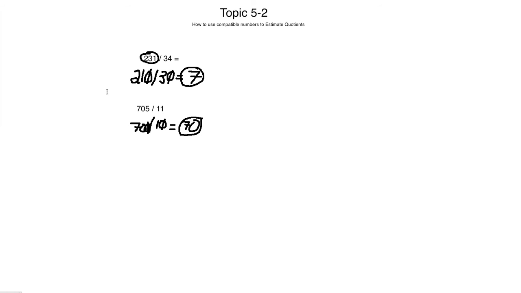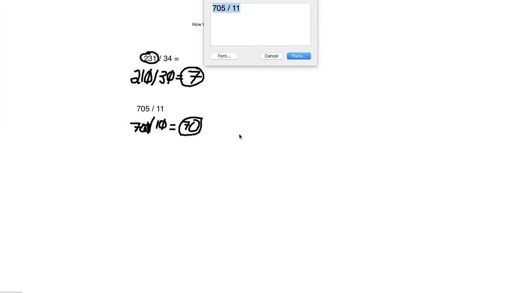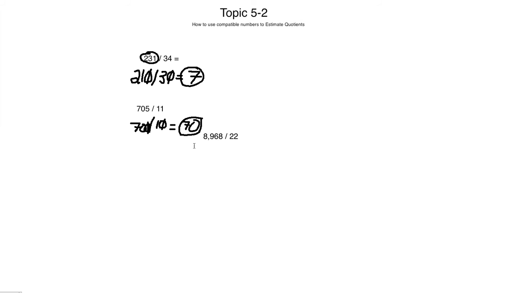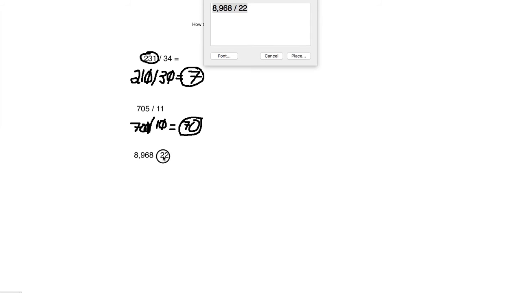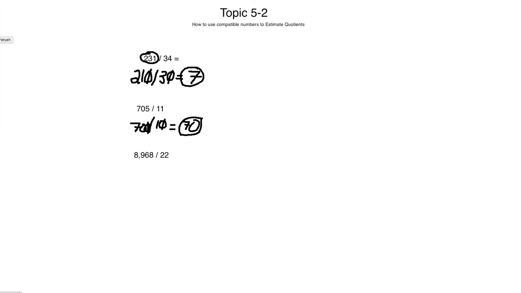All right, now let's try this one. And when I do it, you stop. All right, let's do 8,968. We're going to divide that by 22. Now I want you to stop and do this in your notes. Okay, the question is, what did you estimate the divisor?